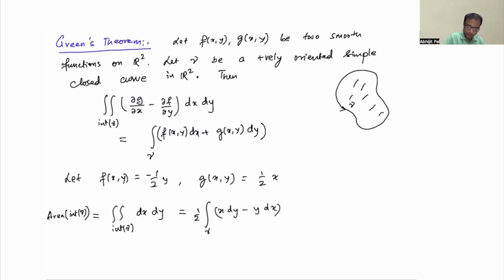Now let me state Wirtinger's inequality, which will be required to prove the isoperimetric inequality. So what is Wirtinger's inequality?